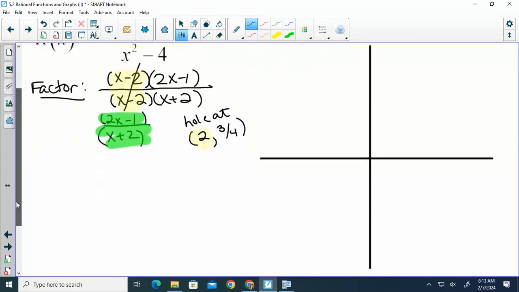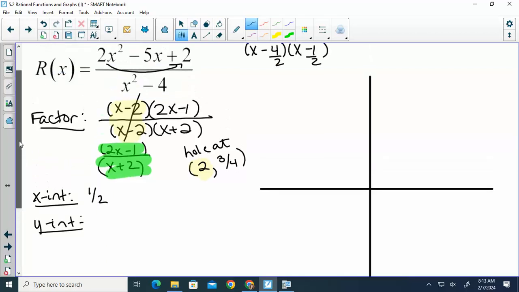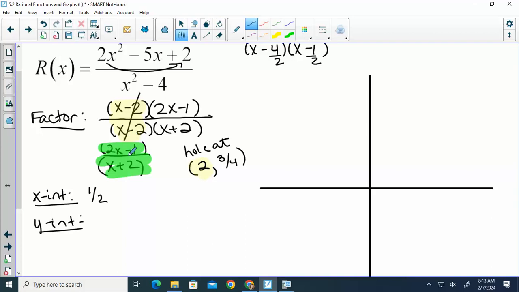Okay. All right, x-intercept. So looking at our reduced fraction, what makes the top 0? Y-intercept. If we plug in 0 for all of our x's, if we did it here, we'd have negative 1 over 2.